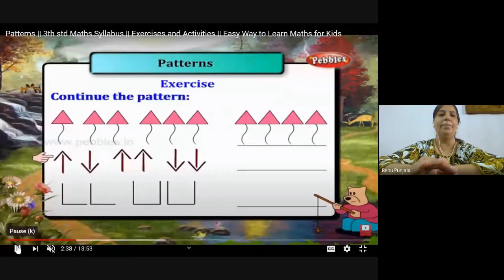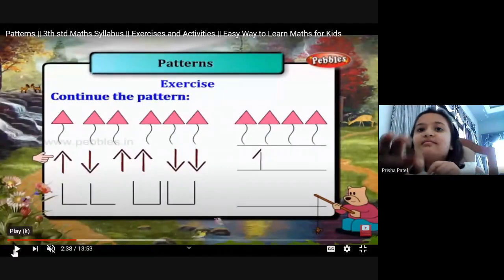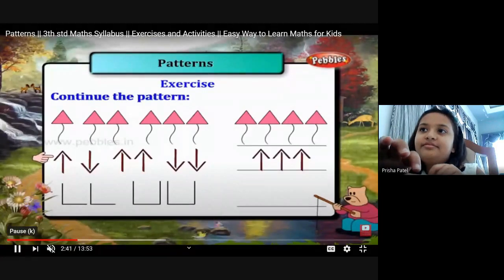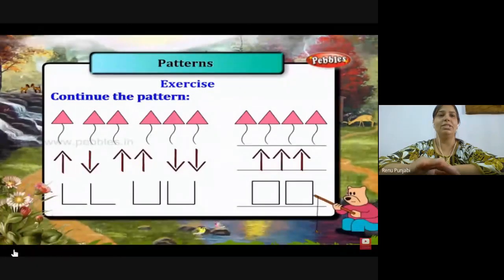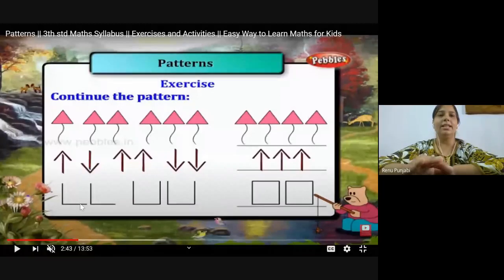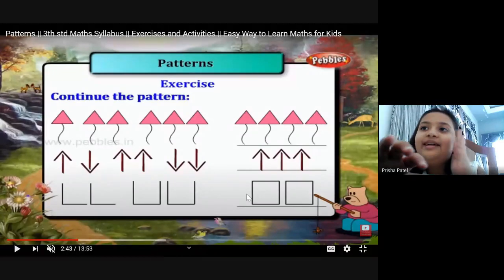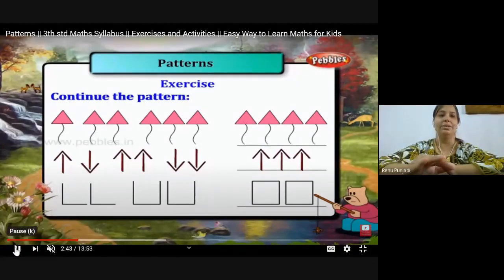Then one arrow up, one down, one up, one down, 2 up, then 2 down. What will be the next? Then 3 up. Yes. Now see, 1 L, then 2 L's, then it is completing a U shape, then it is making a complete square. Very good.